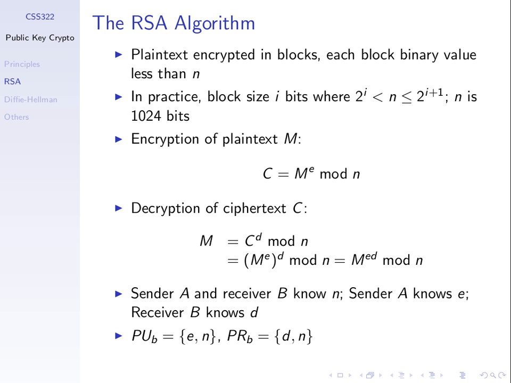You would send me the ciphertext. I would take the received ciphertext, C, raised to the power of 23, my private D, mod 187, and I'll get the original plaintext back. And that will work for sure because of the ways that we've chosen E, D, and N.